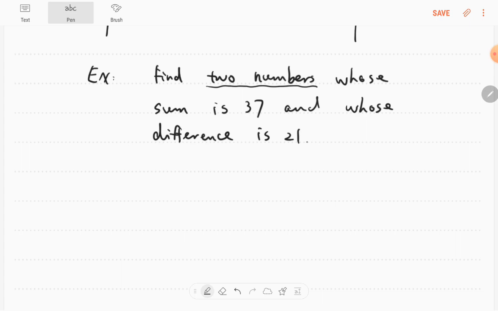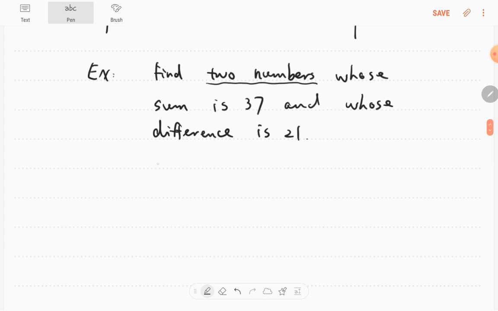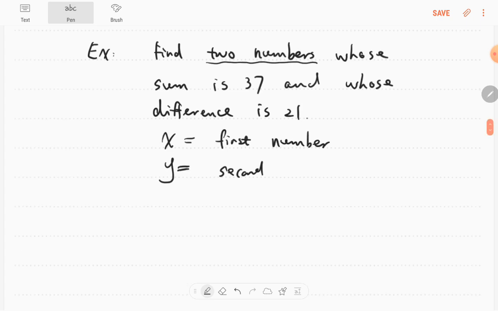So after we read the question, we set our unknowns. Let x be the first number, y be the second number. So by this step, step 1, we understand the question and set two variables. Now step 2, we should translate the words into two equations. So we should construct our system by using the words.